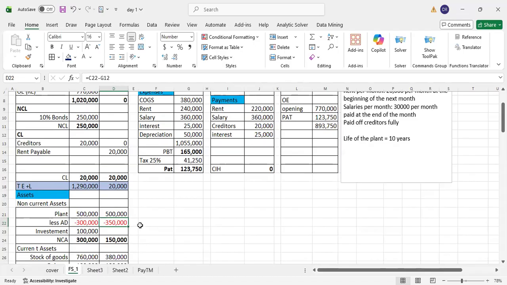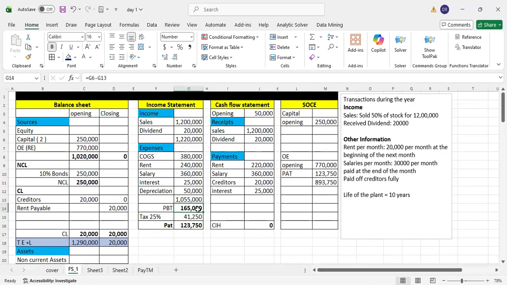Since the amount of depreciation is 50,000, the plant is 7 years old by the end of this year. Now we have almost all the expenses done, so we can find PBT.